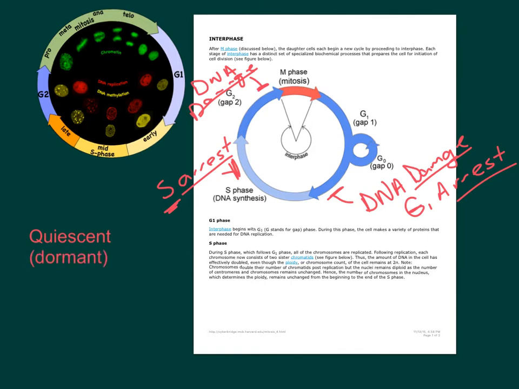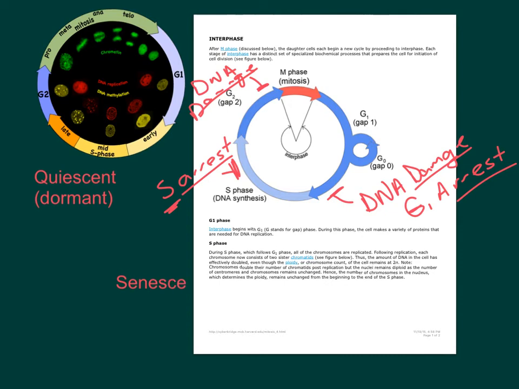That's one of the reasons why cells arrest or go into G0. The other reason that a cell might go into G0, if it's badly damaged, if it's an aging cell, is that the cell would go into something called senescence, senescent.